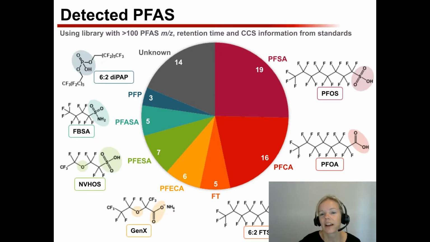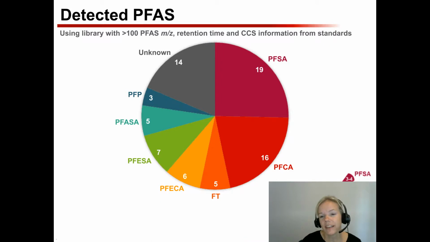These covered many different class types, so different head groups and different chain length types. Previous studies, the best we could find, have only seen that small portion on the bottom right, where you can see they have the best coverage for the PFCAs, which are mainly some of your legacy PFAS, but they had very little coverage for many of the other classes or subclasses of PFAS.